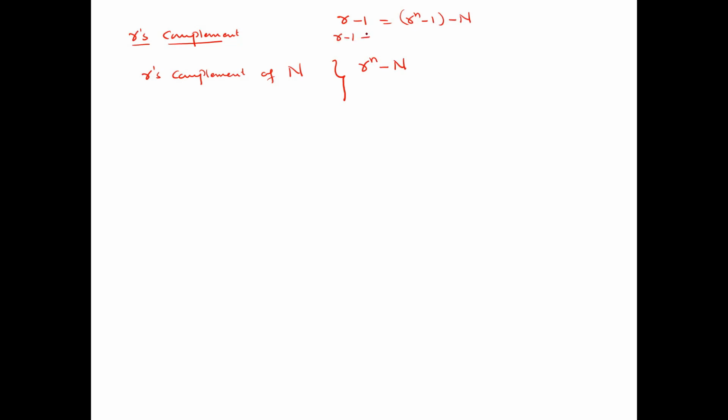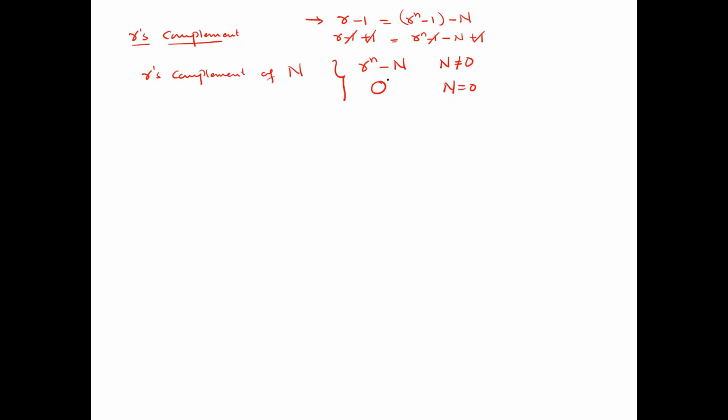So r minus 1 plus 1 will become r, right? So here also you add r^n minus 1 minus n plus 1. The minus 1 and plus 1 will get cancelled. So what is left? R's complement, r^n minus n. Is that fine? And this holds good when n is not equal to 0. If n is equal to 0, then the r's complement of 0 is 0 only.